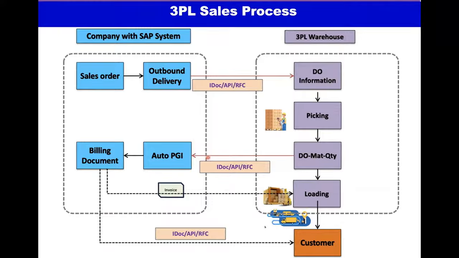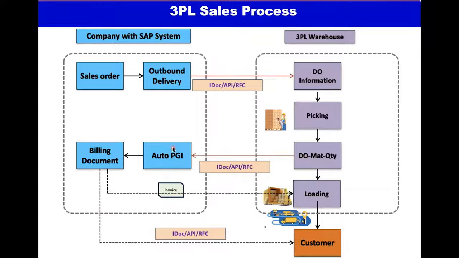If we don't accept, the third-party 3PL warehouse cannot issue less than the delivery quantity. If that is the business requirement, they cannot send a different quantity. If there is an agreement that they can send a different quantity, they send that information so that we change the delivery quantity first, 100 to 90, then do PGI. If there is any customization, we need to handle it here. So change the delivery and then PGI.